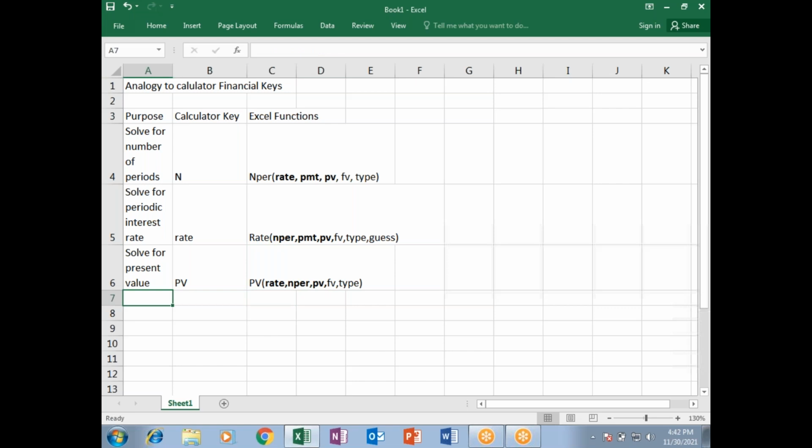Now to solve the future value, that is FV. FV, rate, NPER, payment, PV.